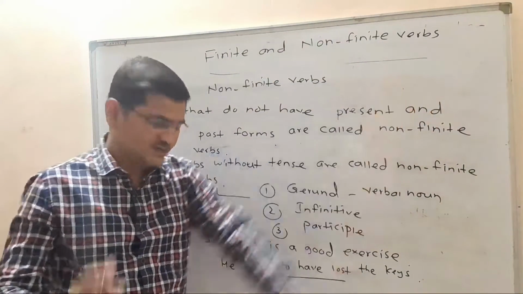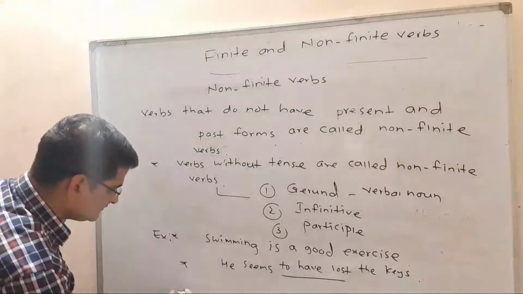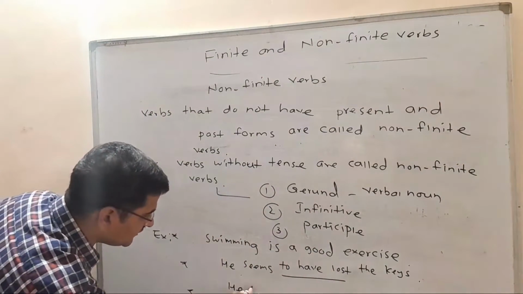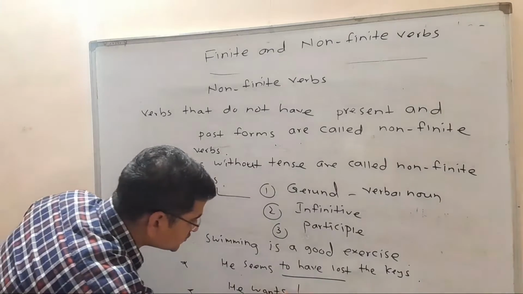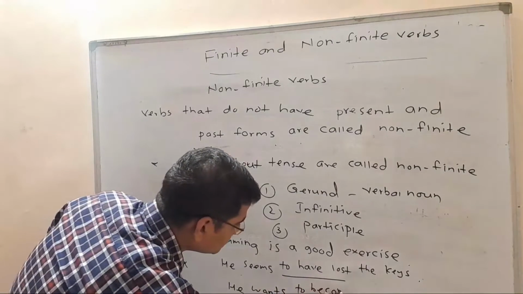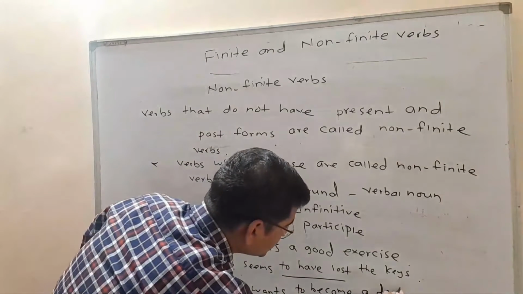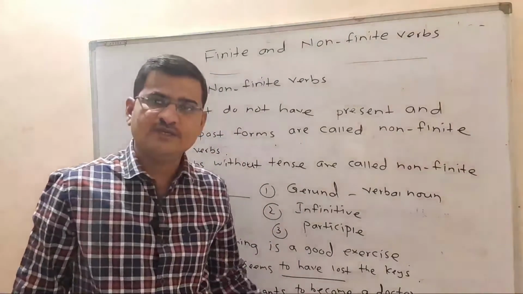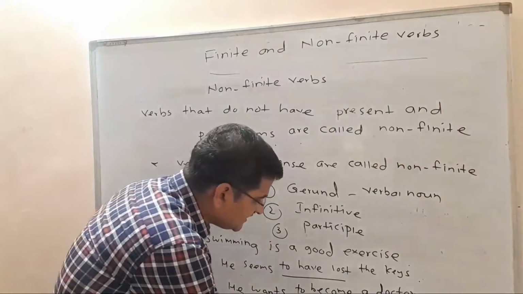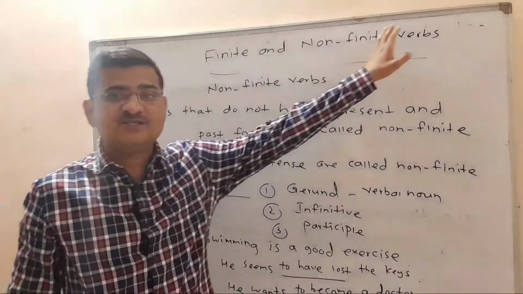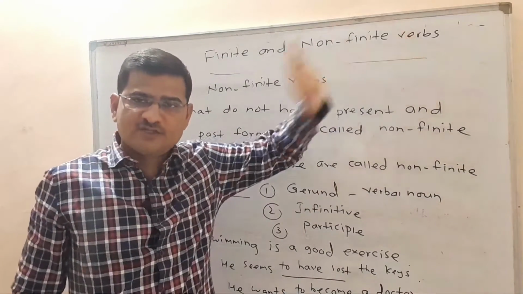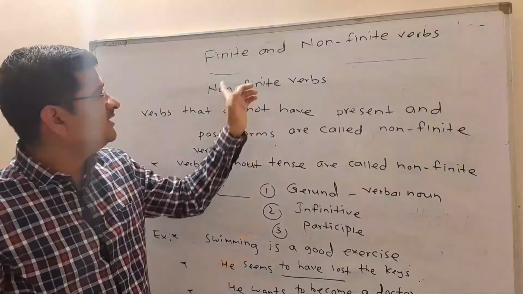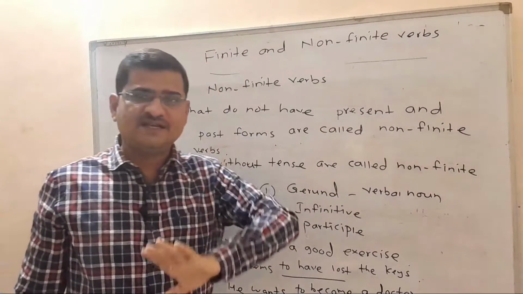Next example, he wants to become a doctor. So here also to become is an example of a non-finite verb. Try to understand, finite verbs are the main verbs in the sentence.